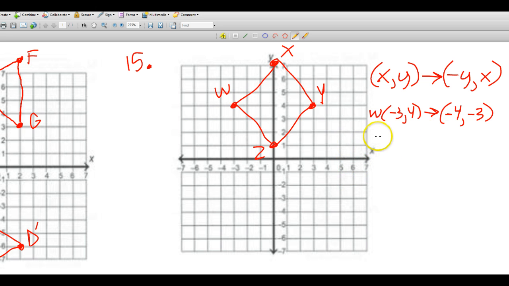So X is originally 0, 7. And that would map onto, so once again, take your x coordinate and make it your y coordinate. And then take the opposite of your y coordinate and make it your x coordinate. So opposite of 7 becomes my x coordinate.